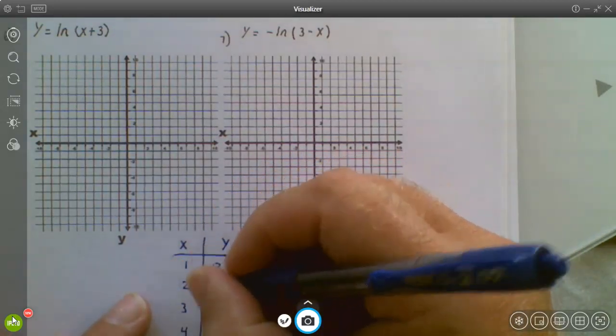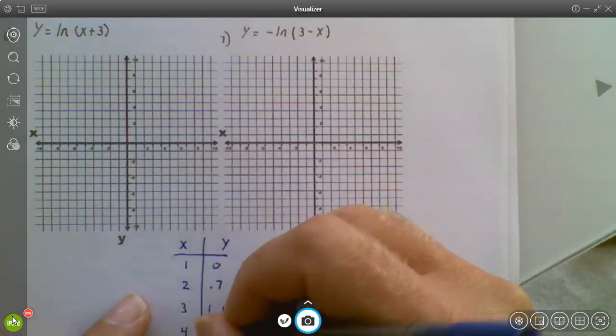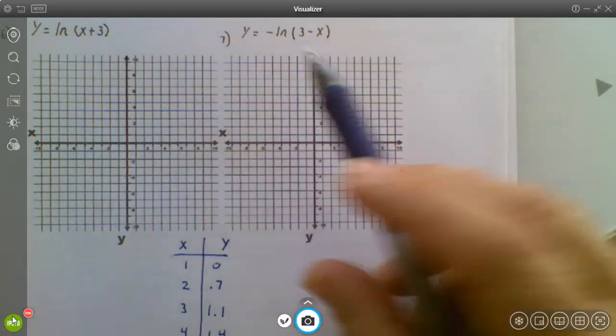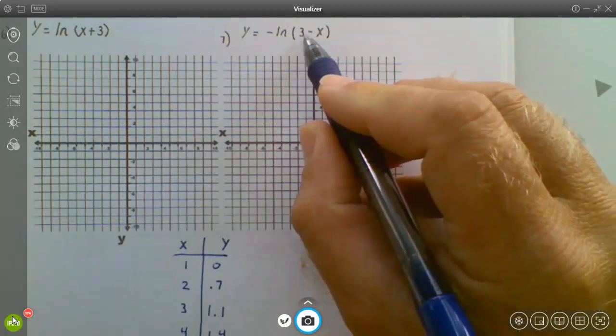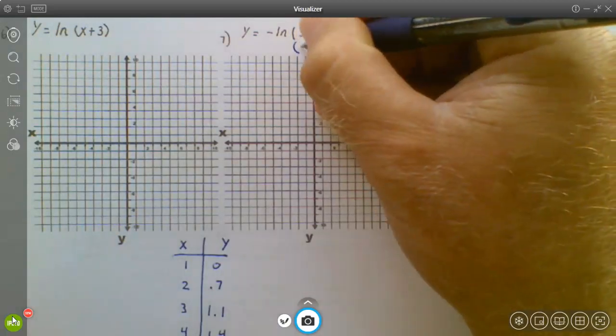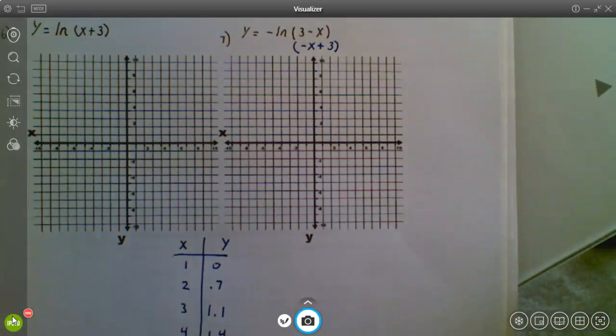So what do we have? 0, 0.7, 1.1, 1.4. Look, we have essentially 3 transformations on this. I have a reflection here, I have a reflection here, and I also have this horizontal transformation. Don't forget, you can write this as -x plus 3, if that helps you see it more clearly.